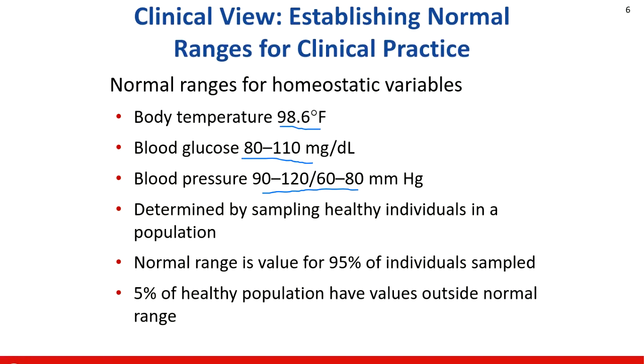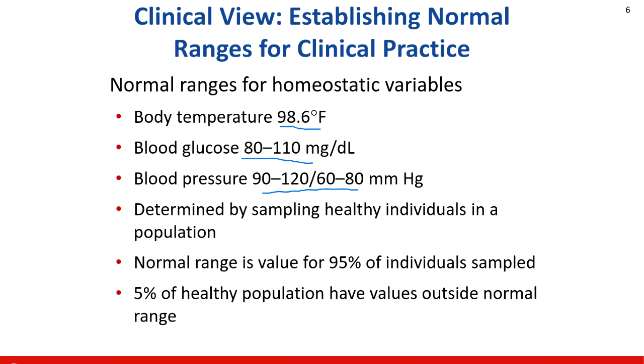Okay, so the point of this slide is to show you that you have these normal ranges that are going to fluctuate, that are going to revolve around a specific set point. And how we got these ranges is that we took a sampling. A bunch of people would come in and we'd start taking their blood pressure and recording their blood pressure. We determine them to be in relatively good health.